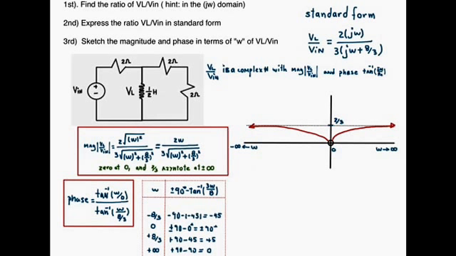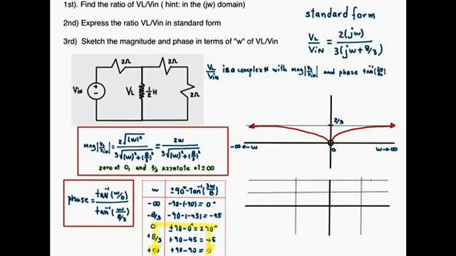So minus 90 minus 45 will give us minus 45 degrees. As omega goes to minus infinity, the numerator will give us minus 90 because the argument of the arctangent is going to be negative, and the denominator will also give us minus 90, and minus 90 minus minus 90 will give us 0.